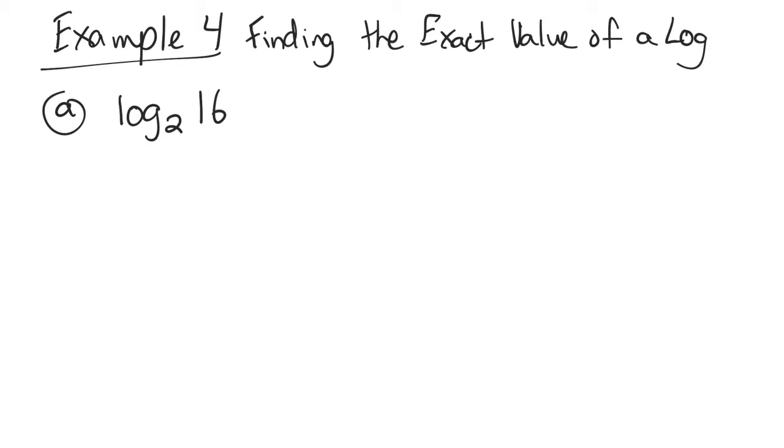All right, example 4 is where it gets fun. So here we're going to find the exact value of a logarithm expression. So our first one, we have log base 2 of 16. We're trying to figure out what this is. And what we do is think, 2 raised to what power gives us 16. So I always like to put that y in front of that. So y equals log base 2 of 16. Now we're going to rewrite this in exponential form.